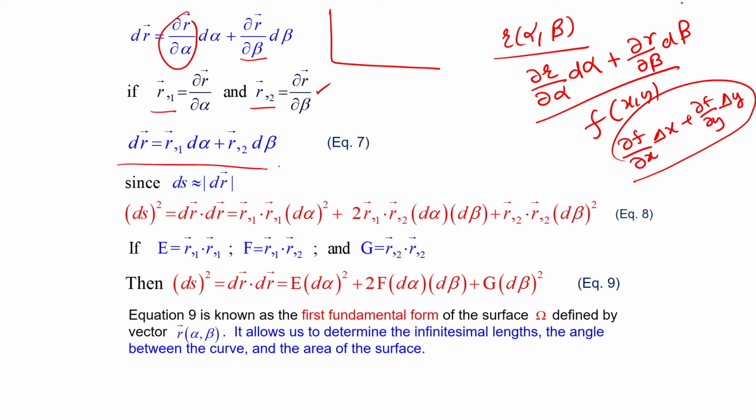So, it is the new equation: dr is r comma 1 d alpha plus r comma 2 d beta.